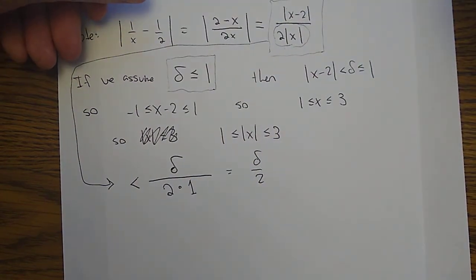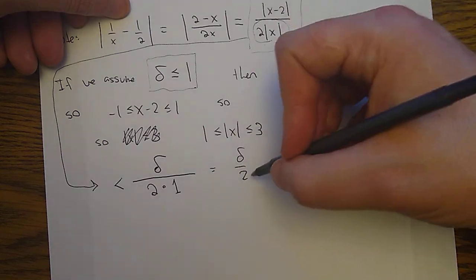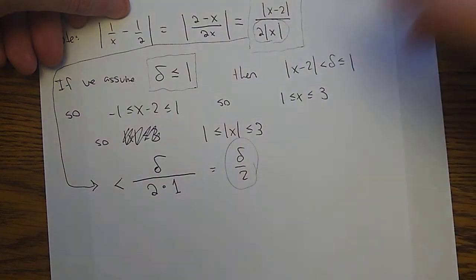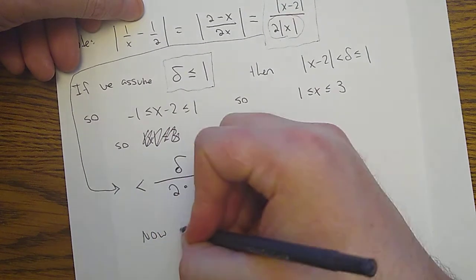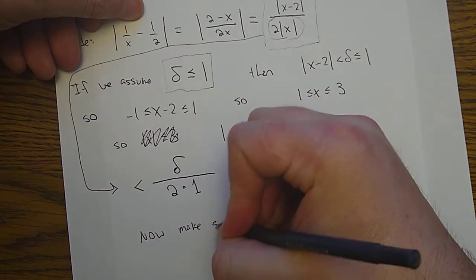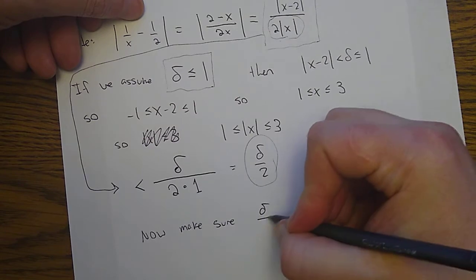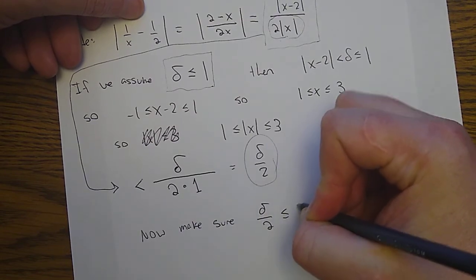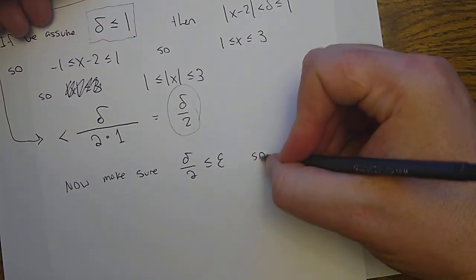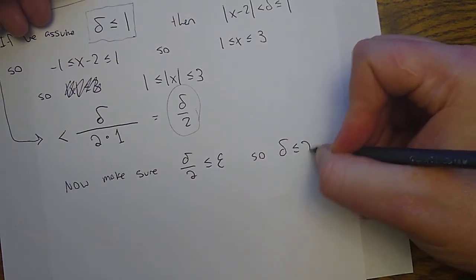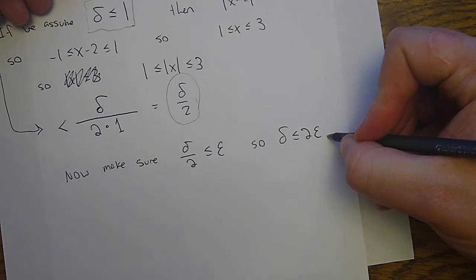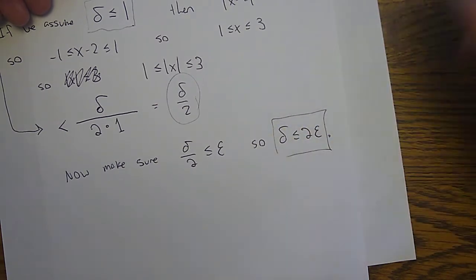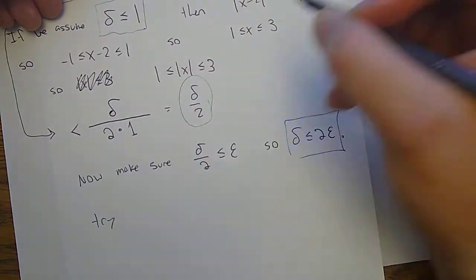So I get delta over 2. And, right, so if I just make this epsilon, or less than or equal to epsilon, in other words, delta is at most 2 epsilon. Okay. So what are we going to do?